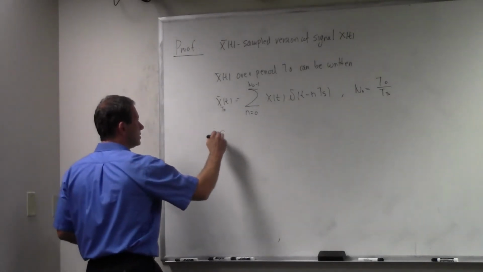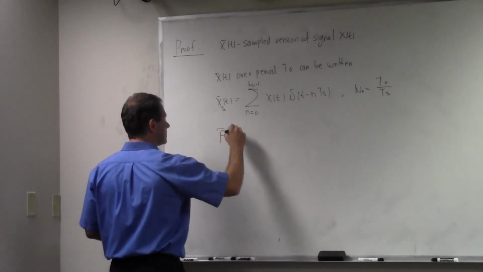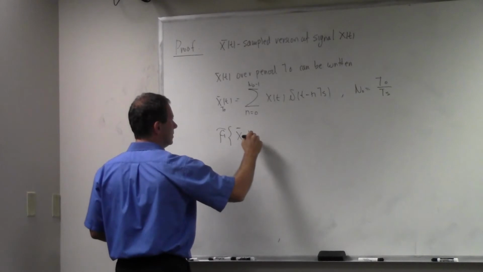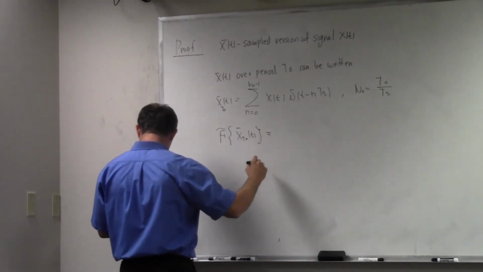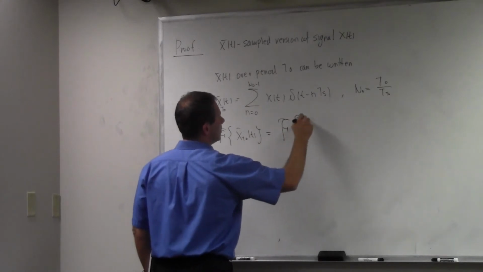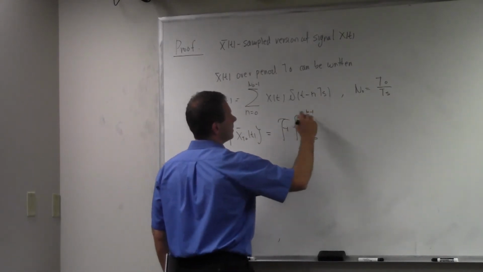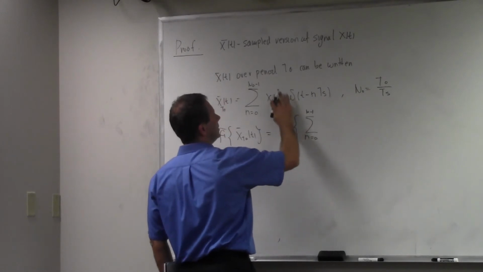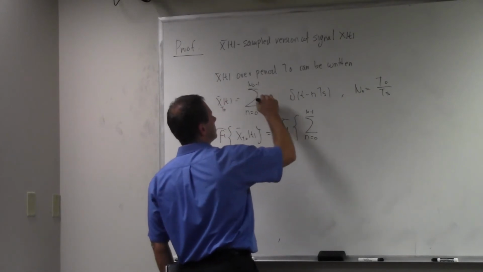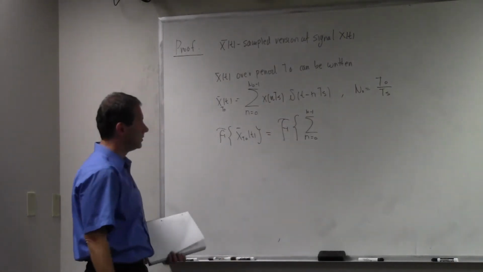So let's look at what is the Fourier transform of this. X hat t0 of omega is going to be the Fourier transform of the sum when n goes from 0 to n0 minus 1. Oh, sorry, this should be x of nts, the sample of the signal.